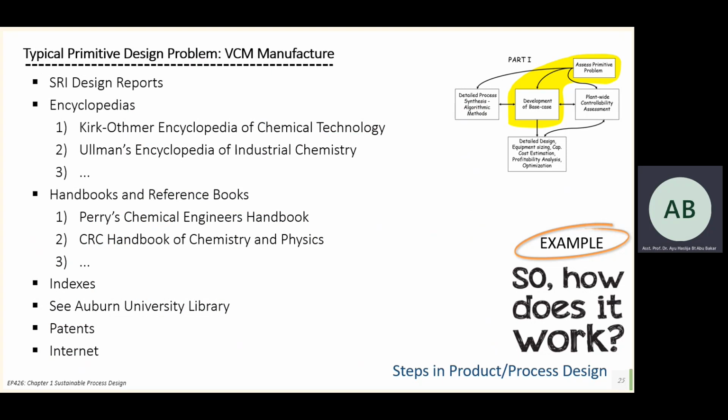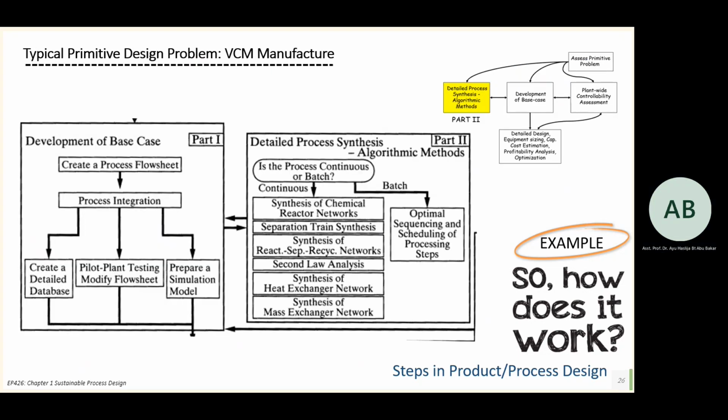Now, these are a few references that are usually used in designing a process plan. Okay, this one is just for your knowledge now. After you develop the base case, you create a process flow sheet.